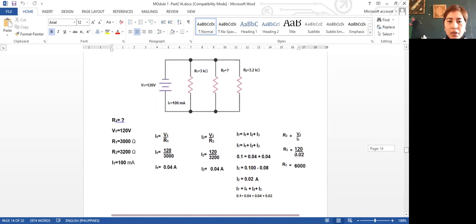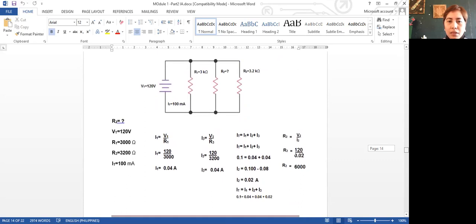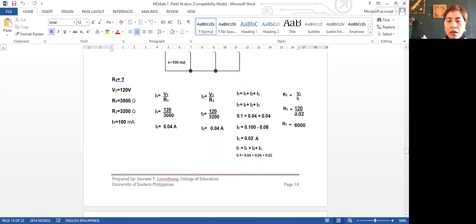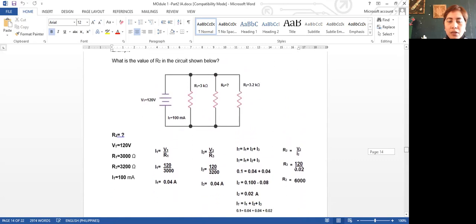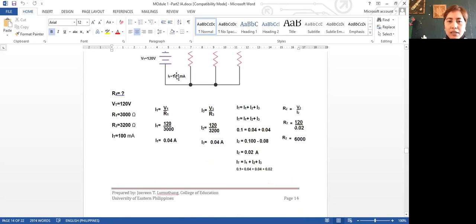Like for example, in this circuit, I observed that some of the students would ask me, Ma'am, why this 100 milliampere becomes 0.1?